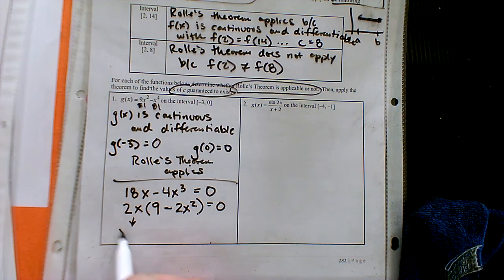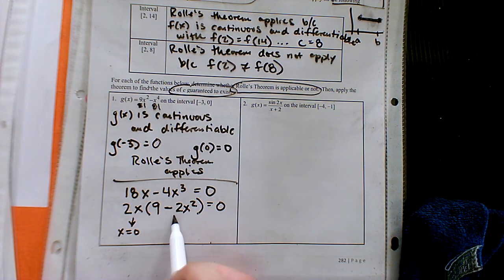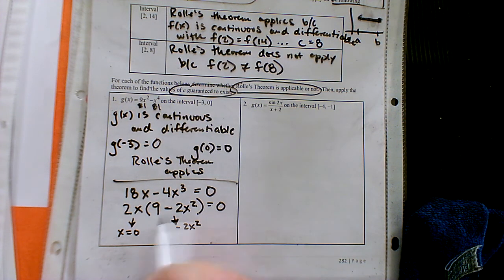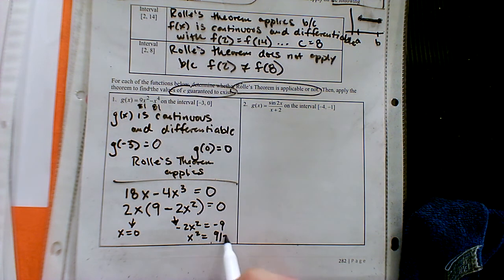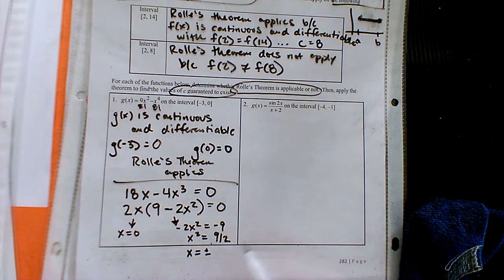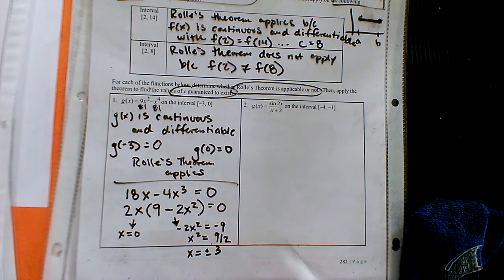Alright, so this x is going to give us 0. And this one we might have to solve a little bit more. If we subtract the 9 over, divide by -2, and then square root both sides. So the square root of 9 is 3, and then the square root of 2, we don't know. Well, 1.4 something, but we'll just leave it as a square root of 2.